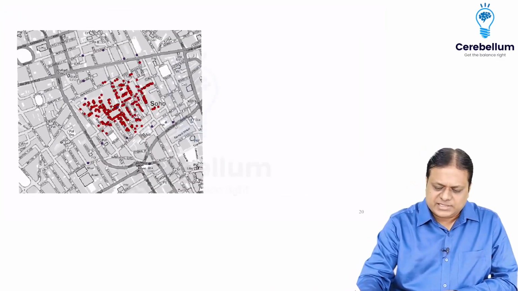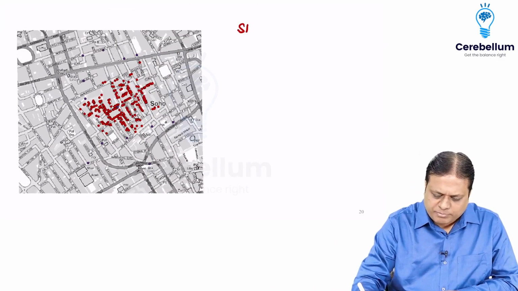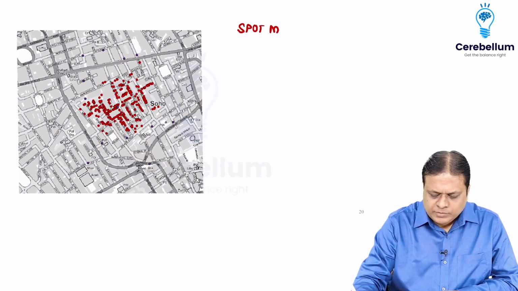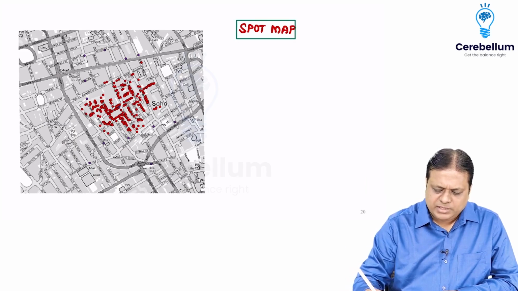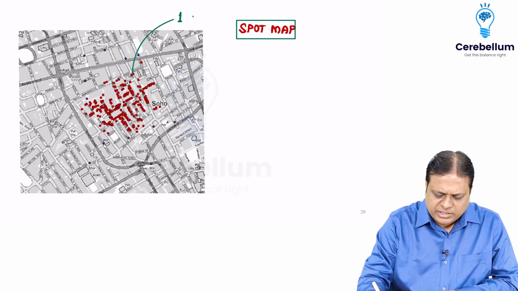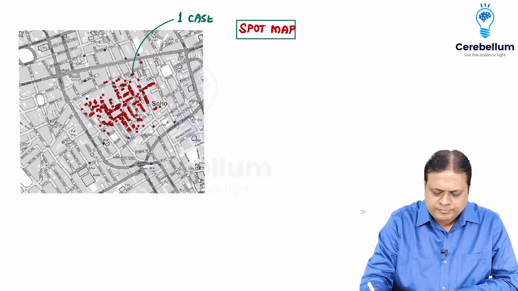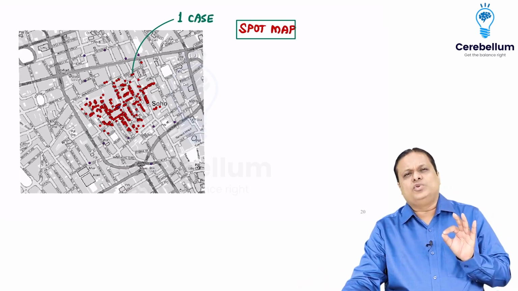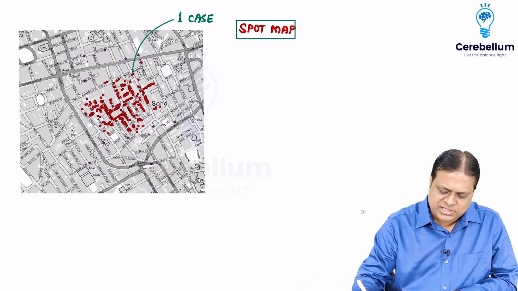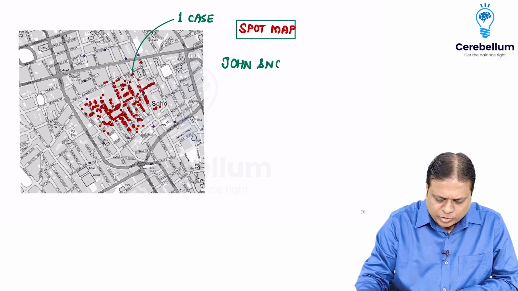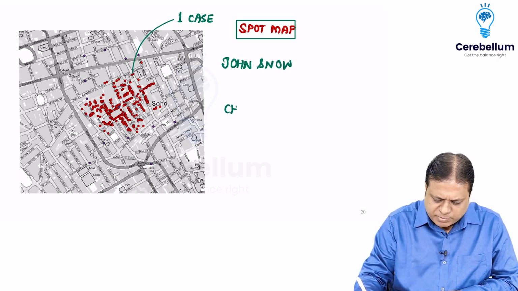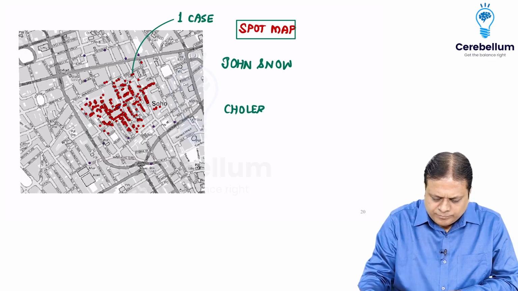This is, yes, spot map. In a spot map, what does each spot depict? Each spot is actually one case of the disease. This spot map was originally used by, yes, John Snow for the disease cholera spreading in London.